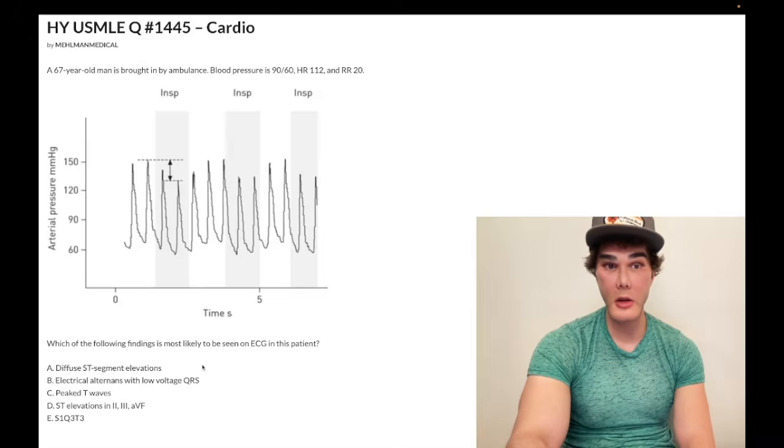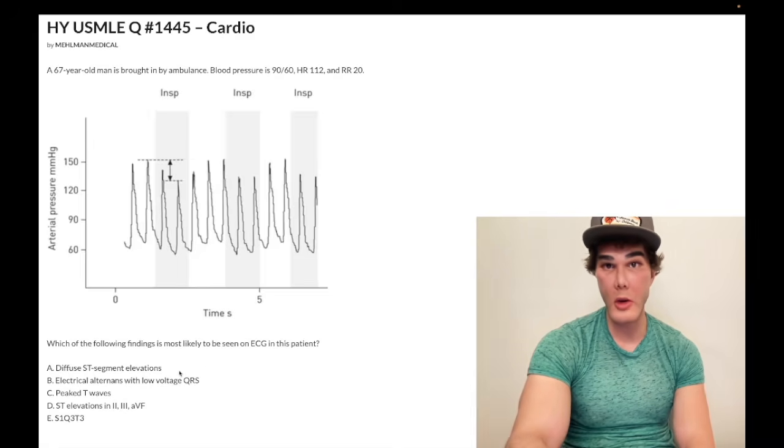Choice B, electrical alternans, low voltage QRS, is the correct answer. This is what we see with both simple pericardial effusion as well as tamponade, and it's because we've got fluctuation of the fluid within the pericardial layers, serous pericardium, the parietal and visceral layers, so the electrical signal will be read at different amplitudes.